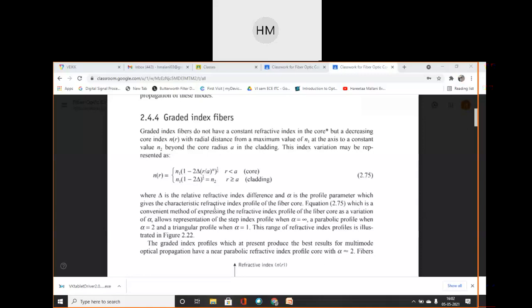Del is the relative refractive index difference and alpha is the profile parameter. You can write, alpha is the profile parameter which gives the characteristic refractive index profile of the fiber core. You can write, alpha is a dimensionless parameter.